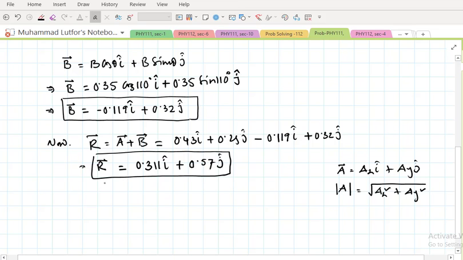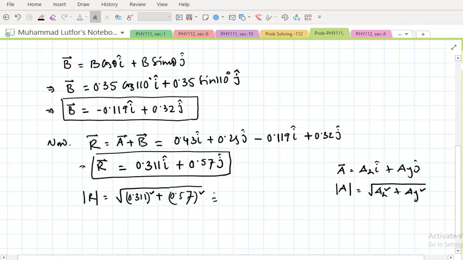So if you do that, you will find the magnitude of this vector R would be the square root of 0.311 squared plus 0.57 squared.